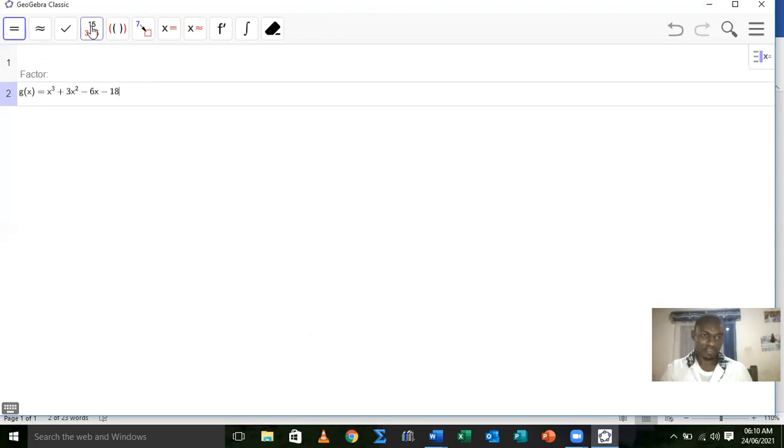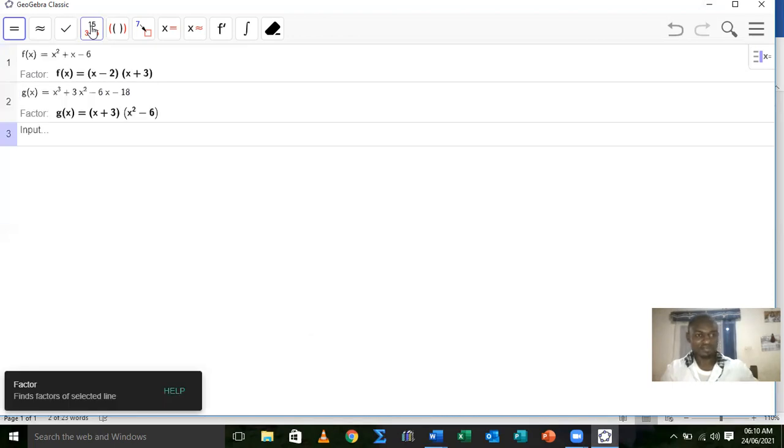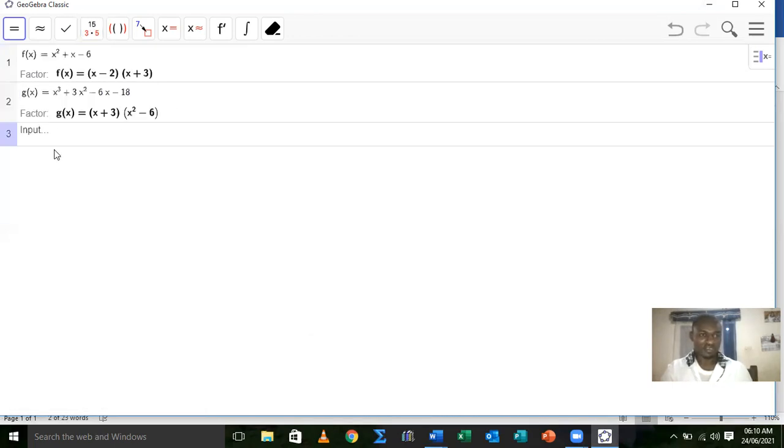We click on the factorization option. And the result is as follows. G of x, the factors of that cubic polynomial are x plus 3 into x squared minus 6. This x squared minus 6 can no longer be factorized. That is why you see it as a quadratic factor.